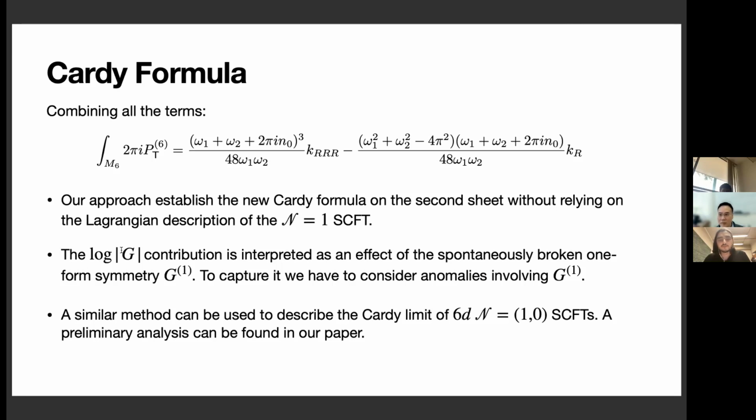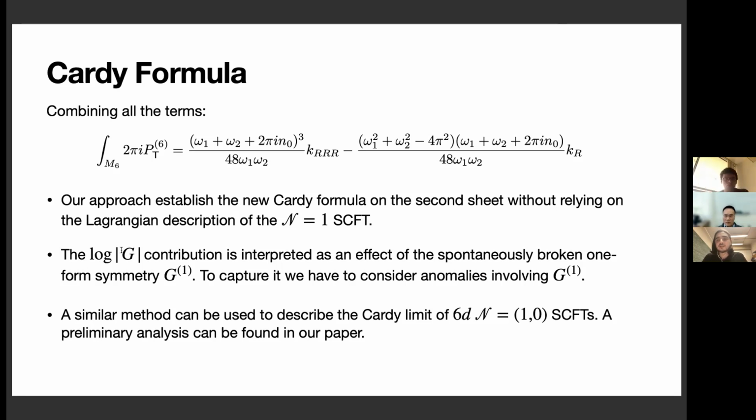But what's the reason this is broken at high temperature? I don't know anything about this. Well, it's not broken only at high temperature. N equal 4 has a one-form symmetry because all the fields that compose the N equal 4 Lagrangian transform in the adjoint representation.